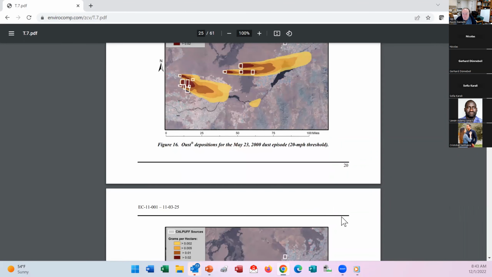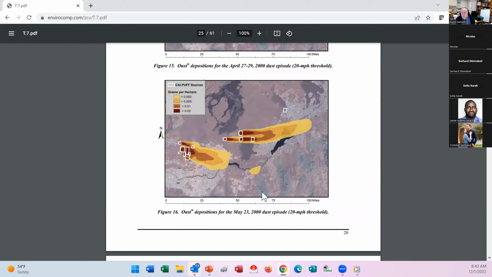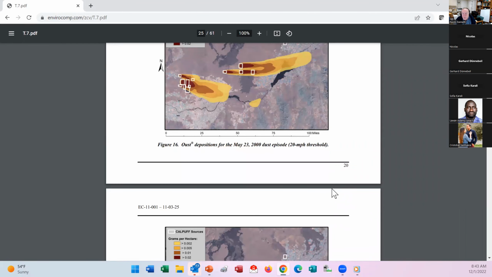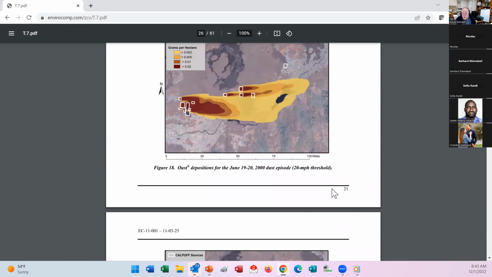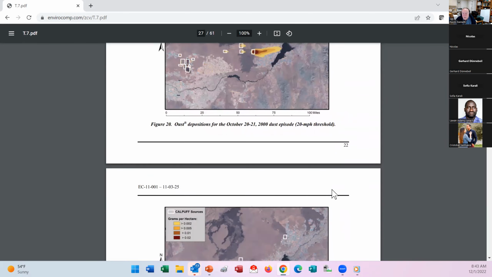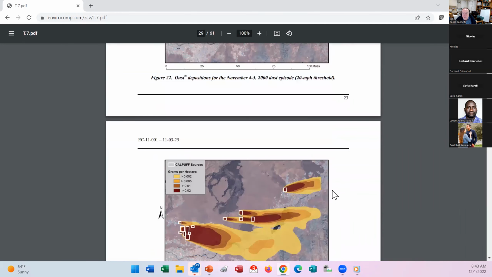Every dust episode gave different results. We had several dust episodes, so we have several combinations of the position of contaminated dust. And finally, we sum up everything together to give the total amount.